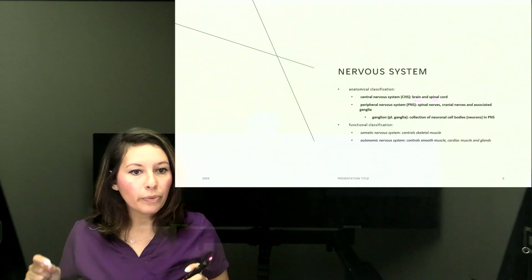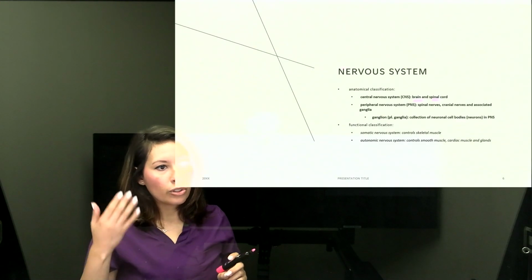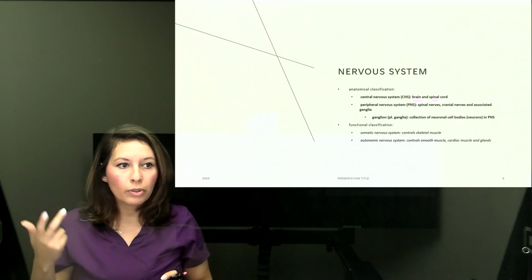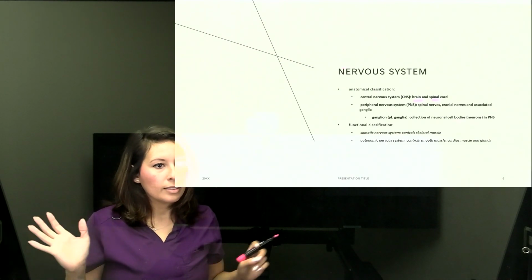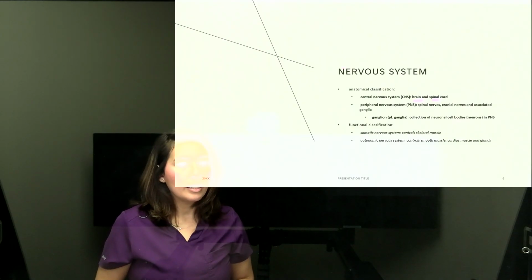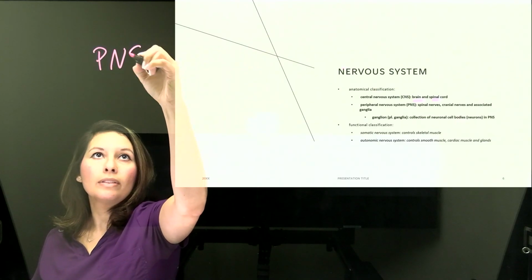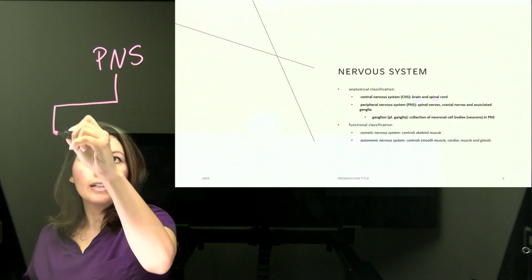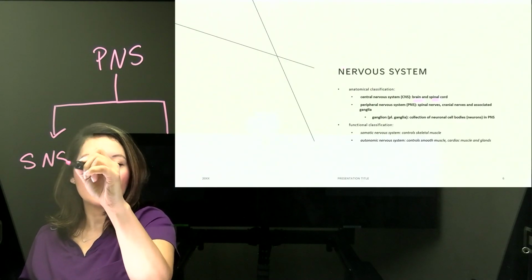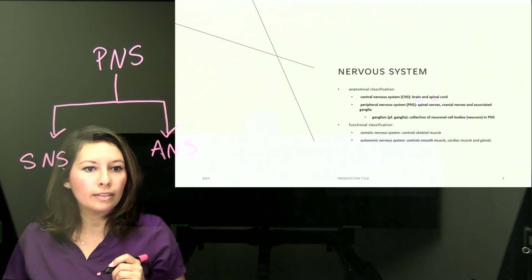And then we have the peripheral nervous system, also known as PNS, which includes additional structures outside of the brain and spinal cord, for example your spinal nerves, cranial nerves, ganglia, etc. At the same time, we can subdivide the peripheral nervous system into a somatic nervous system and an autonomic nervous system, or ANS.